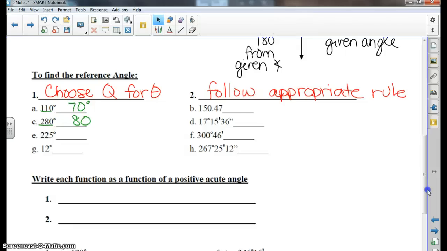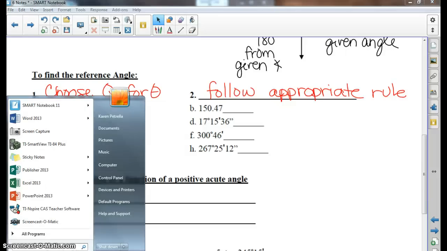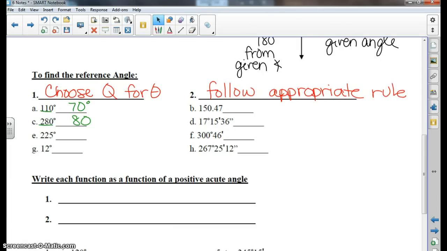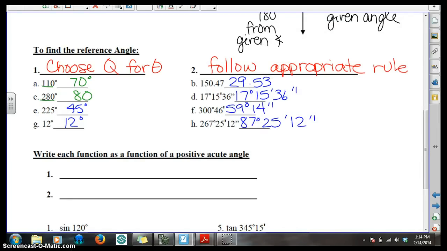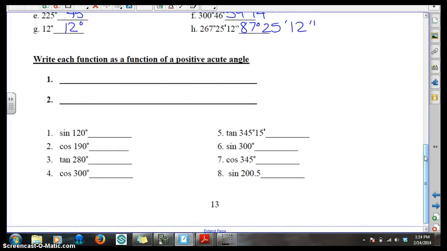Would you please take a moment and calculate the reference angles for E through H? These are the answers that you should have gotten for those. And now we're going to use those answers to find a renaming for each function.